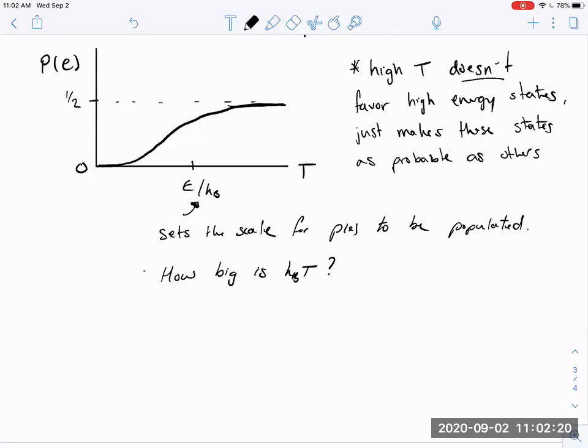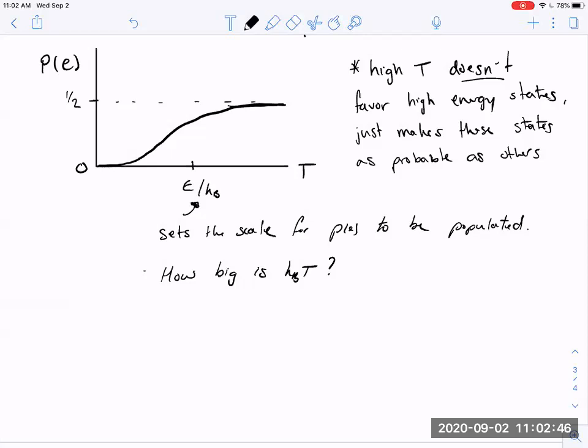If I need kB, Boltzmann's constant, times temperature to be on the order of an energy gap in the system for there to be appreciable likelihood for an excitation to exist, it's worth knowing how to formulate kBT, an energy unit, in terms of characteristic excitation energies.